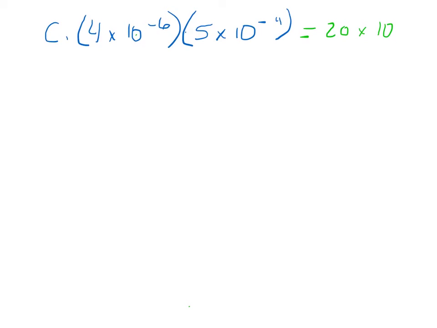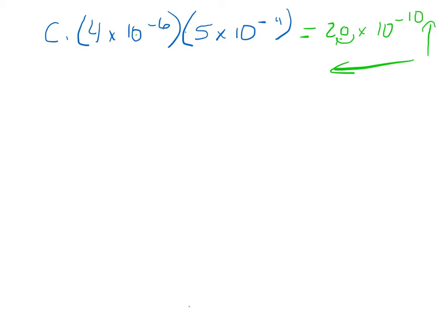Negative 6 plus, because we're adding here, plus a negative 4, would actually equal a negative 10. Now we're going to have to regroup that though and make an adjustment. I need to move the decimal place that way, so that means that number has to get closer to 0.